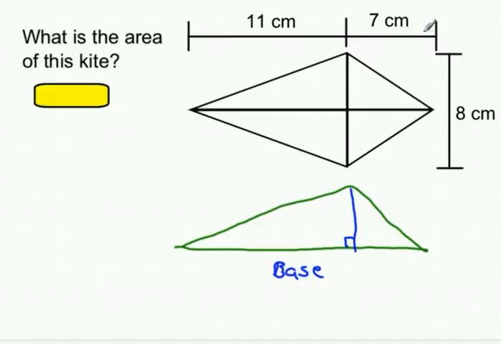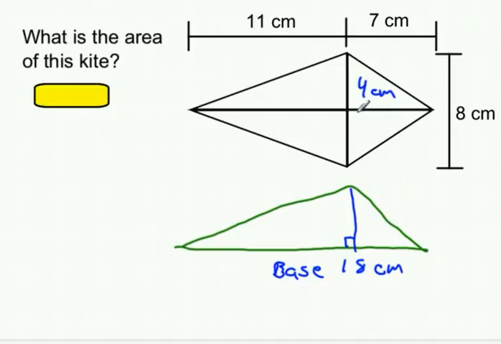So the entire length of the base is going to be 7 plus 11, and 7 plus 11 is 18. So the whole base is going to be 18 centimeters. The height, okay, is half of this distance, which means it is 4 centimeters.